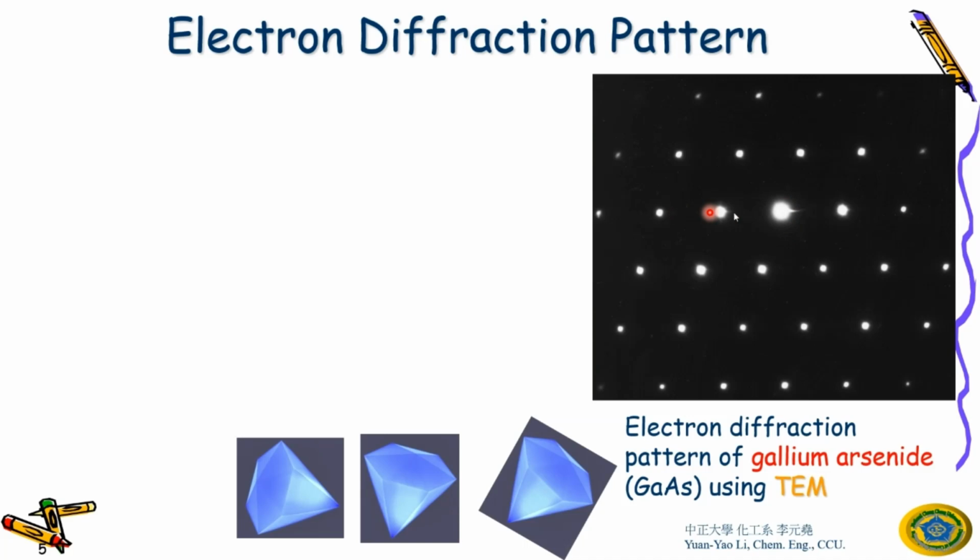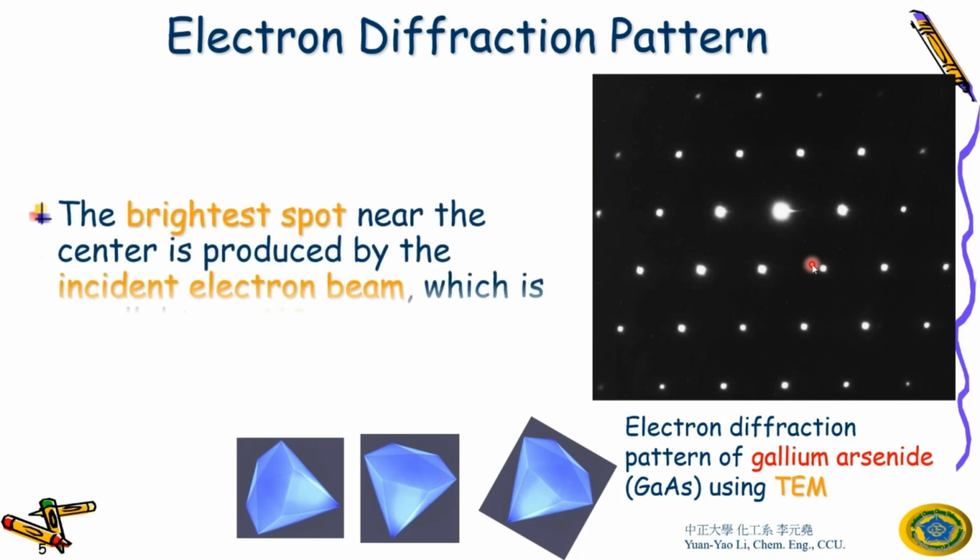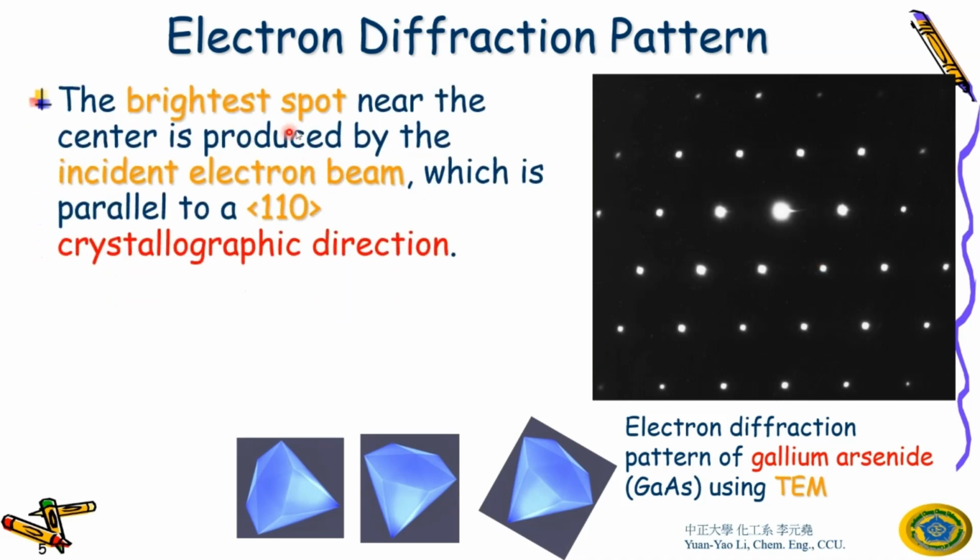So the direction, the distance and the angle can identify what type of material this is and also which direction you are looking at. For example, the brightest spot near the center is produced by the direct incident electron beam.